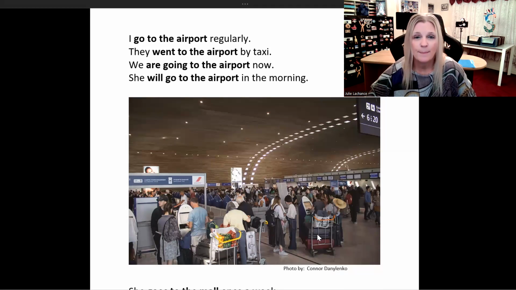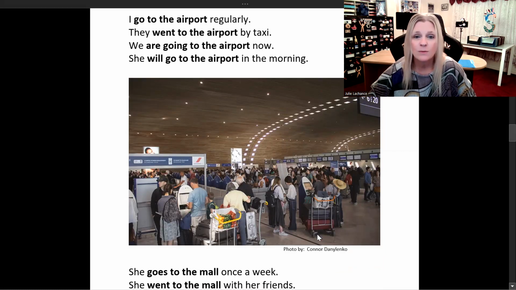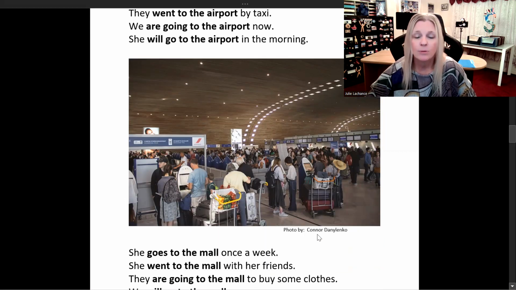You have to go through the baggage checks. You have to go through security. You have to go through customs. You have to worry about sometimes cancellations, flight cancellations or delays. But once you finally reach your destination, you're very happy and you forget all about the problems you had at the airport.